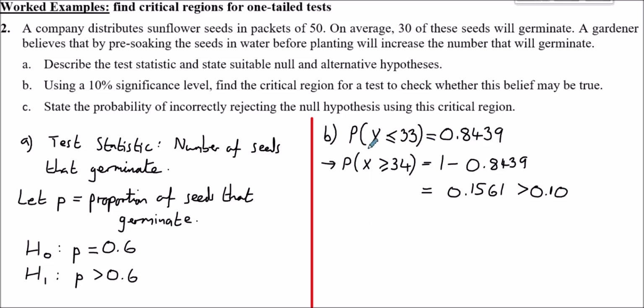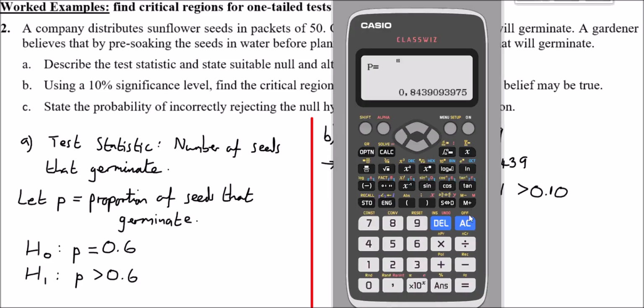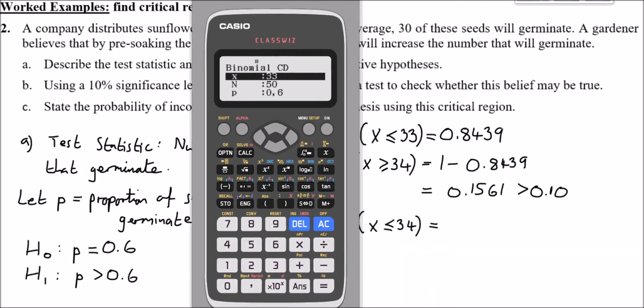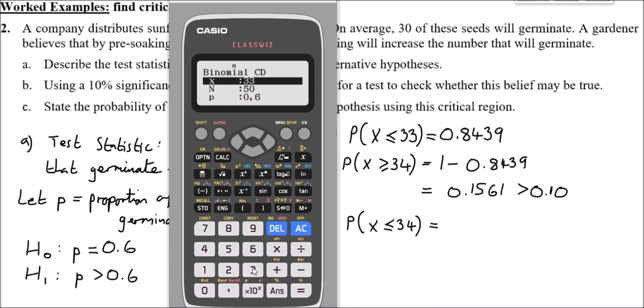If we go up one though and try the probability of x being 34 or less, so go back and press in 34 for x, we get 0.9045.